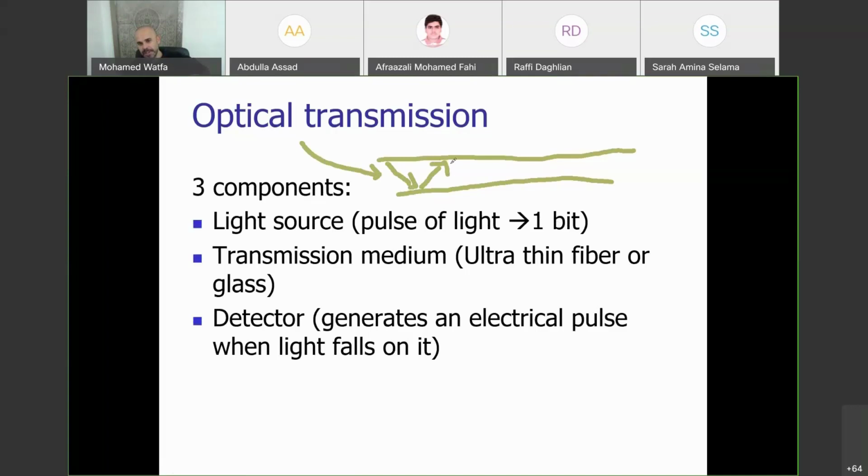It's all about the coefficient of reflection and refraction, making sure that these glass materials do not allow this light to leave. If it allows it to leave, then you're losing some data, right?